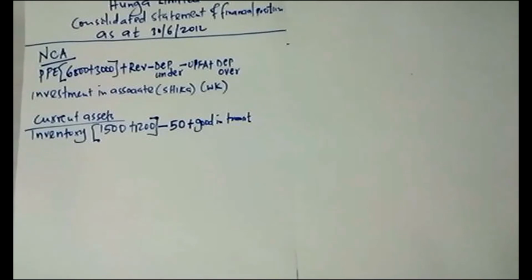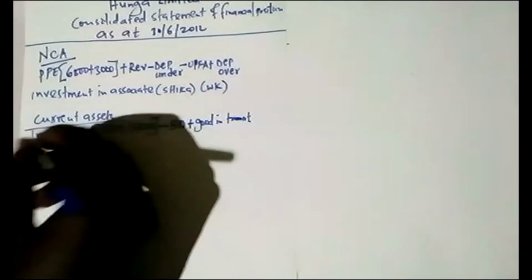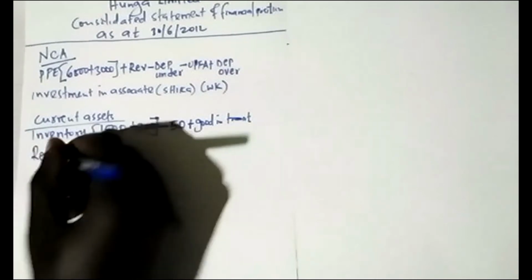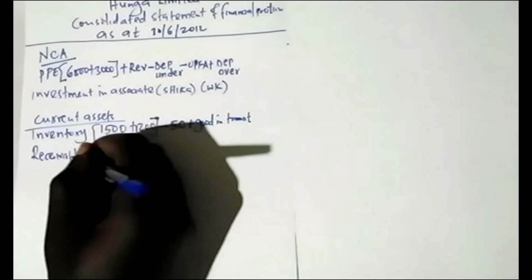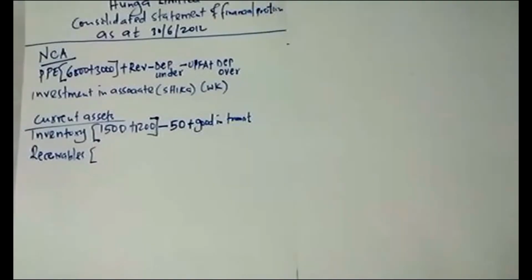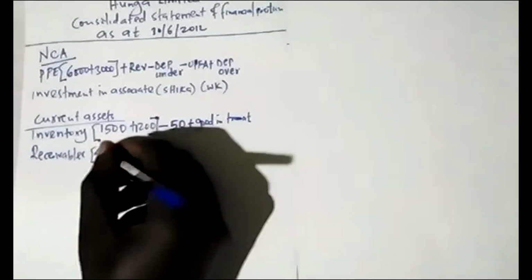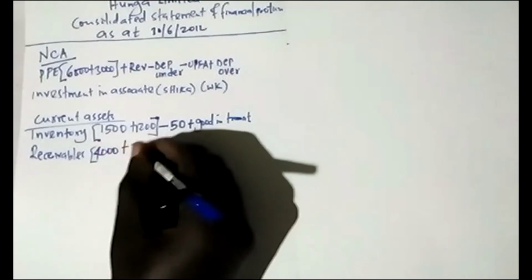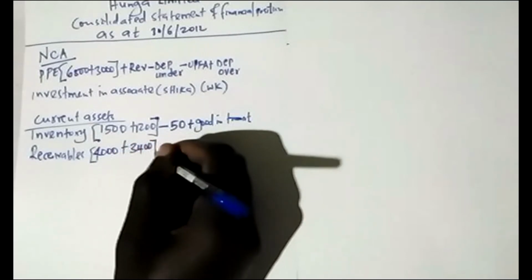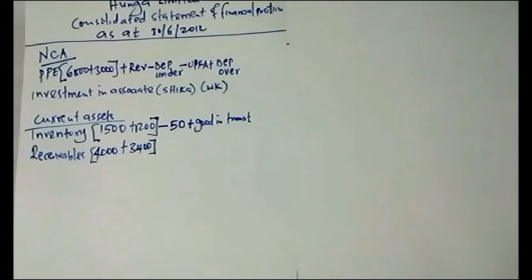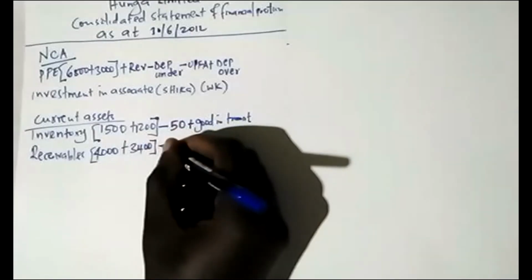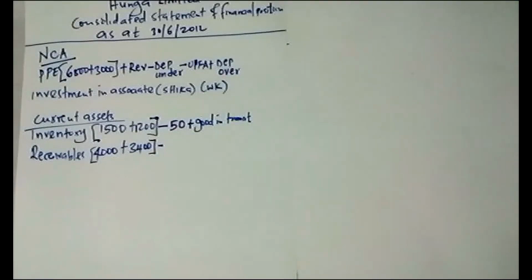Then after that, we move to another item, which is all about receivables. So for the receivables, I will take 4,000 plus 3,400. In this scenario, you have to raise anything which was outstanding between the parent and subsidiary.